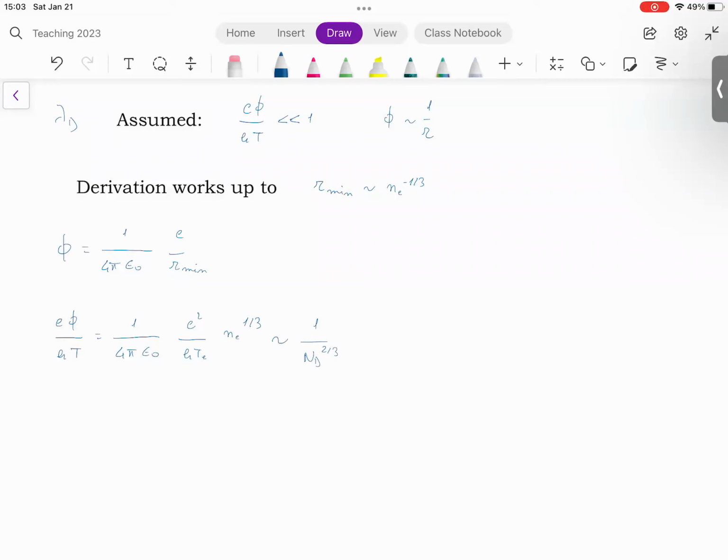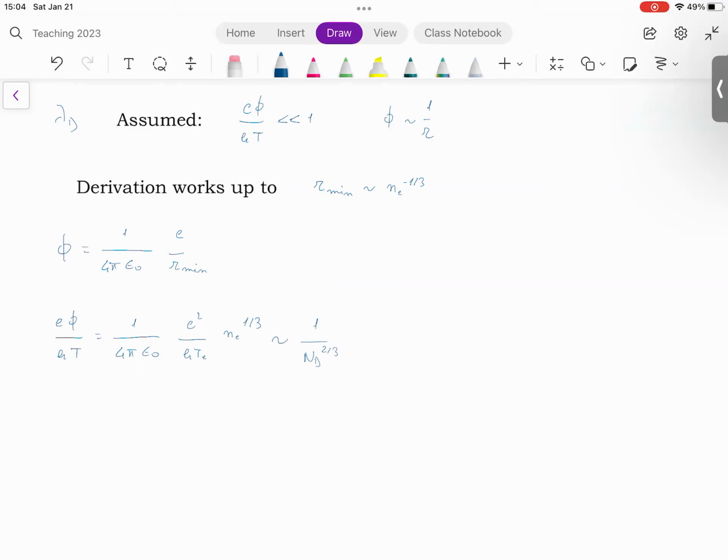Okay, so what is the bottom line here? Well, what this is telling me is that our derivation of the Debye shielding requires the number of electrons, or particles. We just did it with the electrons. The only electrons are moving. The number of electrons in a Debye cube or sphere needs to be much larger than 1. For this ratio, e phi over kT, to be small, I need the plasma parameter to be large.